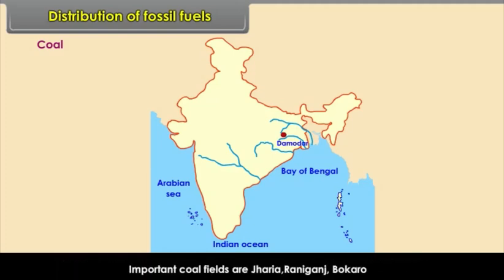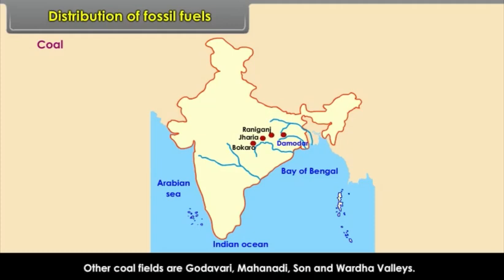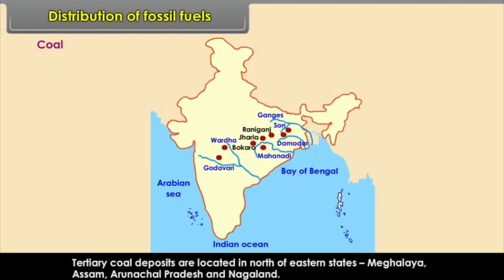Important coal fields are Jharia, Raniganj, Bokaro. Other coal fields are Godavari, Mahanadi, Son and Wardha valleys. Tertiary coal deposits are located in northeastern states: Meghalaya, Assam, Arunachal Pradesh and Nagaland.